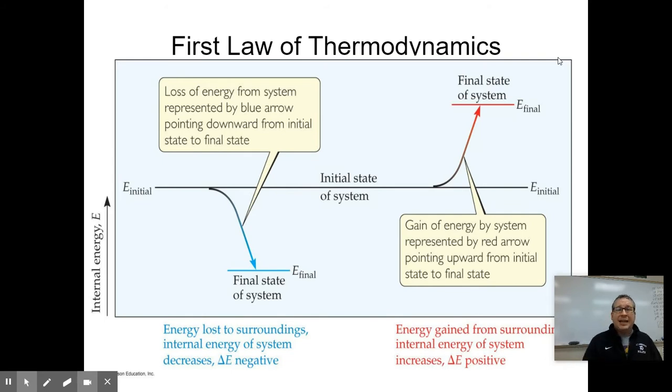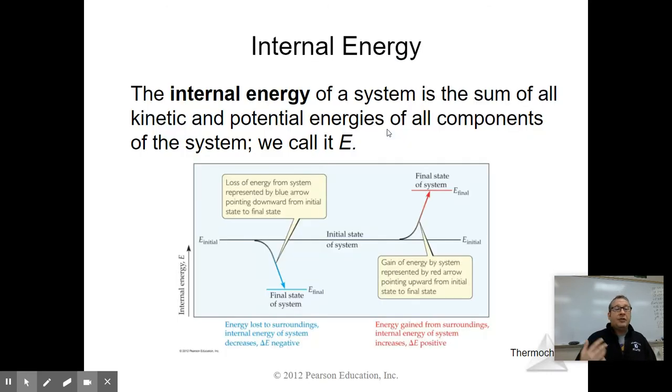And then when we have a gain of energy by a system, we're going to see that this red arrow is indicating that our final energy is going to be higher than the amount of thermal internal energy that we initially had, okay?